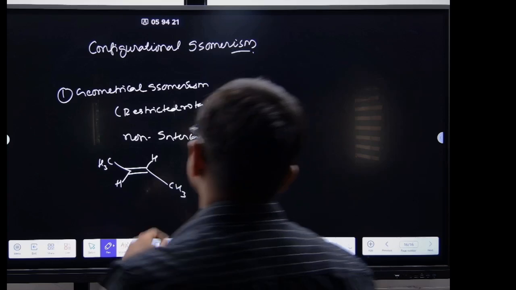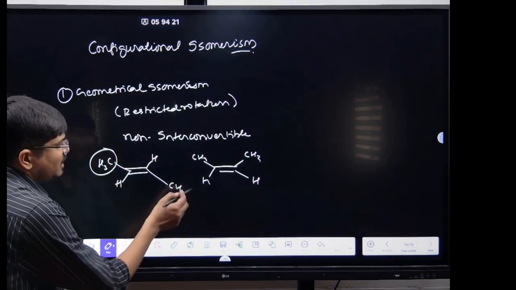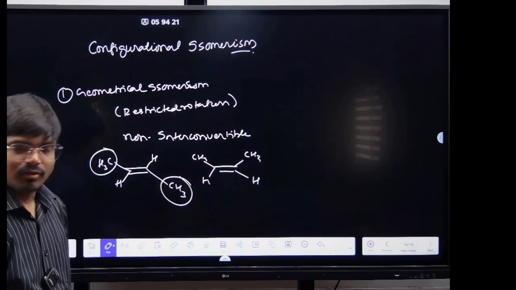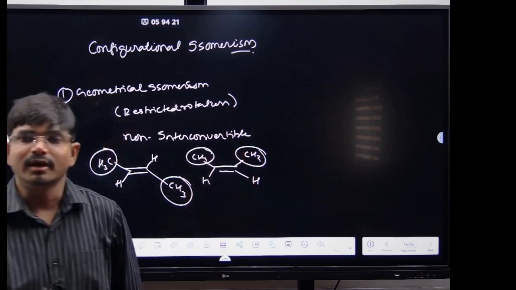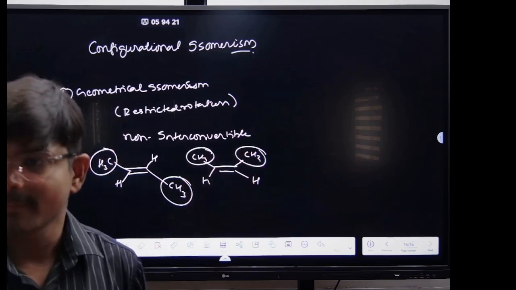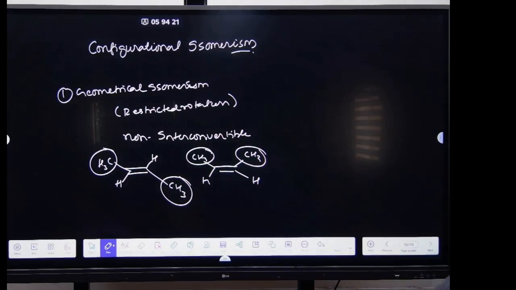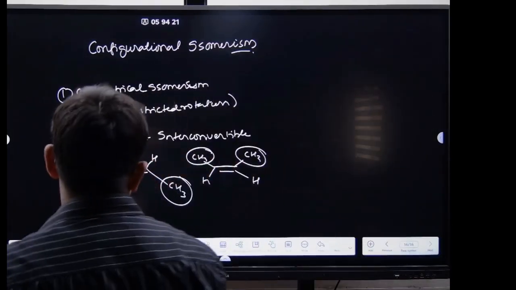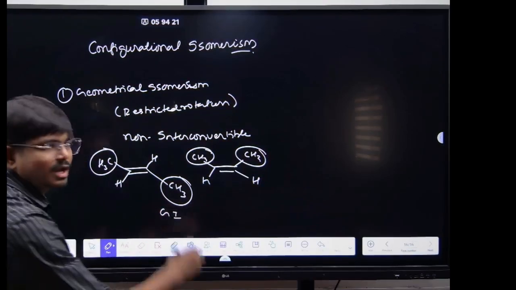Now if you interchange this H with the CH3, see, this CH3 and CH3 were at 180 degrees, right? In this case the CH3 and CH3 are not at 180 degrees, meaning the angle has changed, right? If the angle has been changed, what does this mean? You will have a different geometry. That's why they are geometrical isomers.